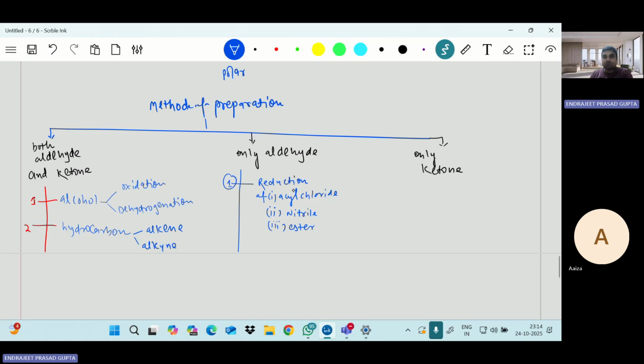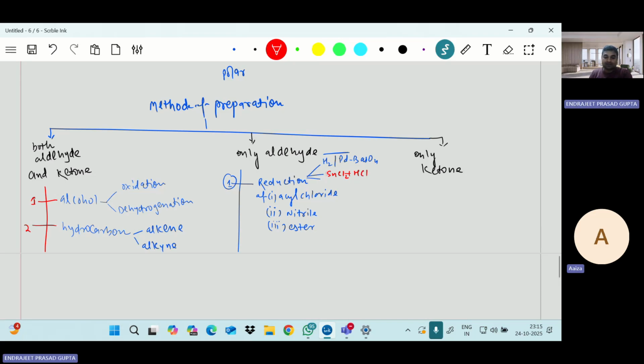We have to use a reducing agent, and here the reducing agent will be hydrogen with palladium and barium sulfate. If you use this one, it is called Rosenmund reduction. And if you take a reducing agent like SnCl2 plus HCl, this is called Stephen reduction.